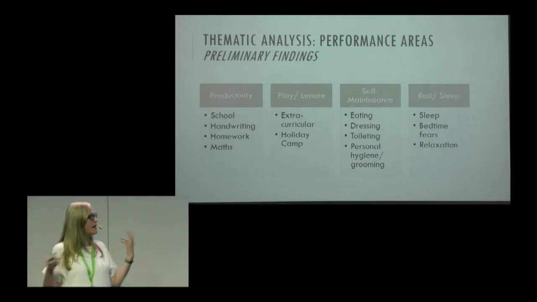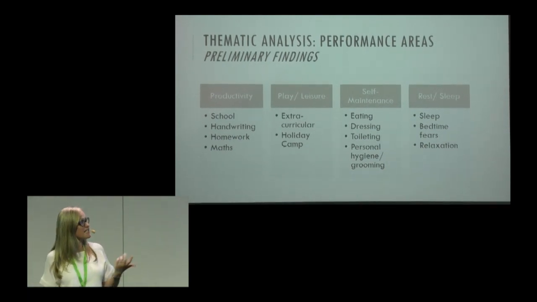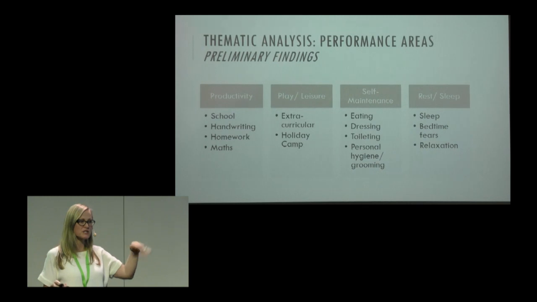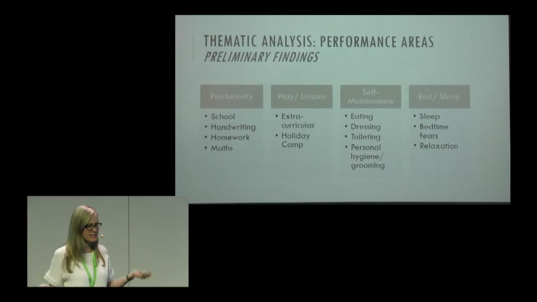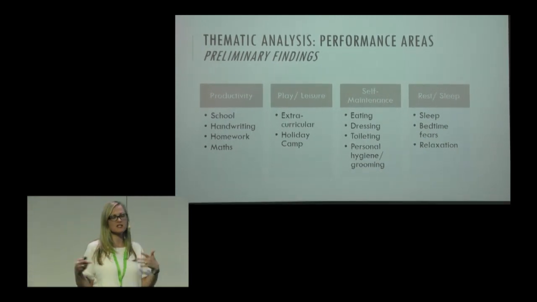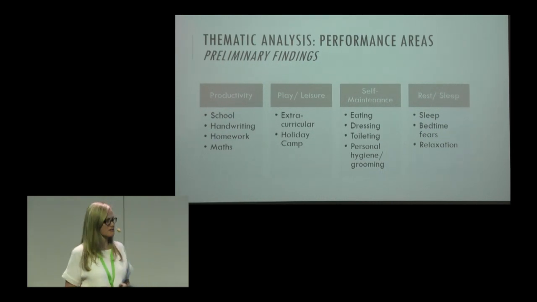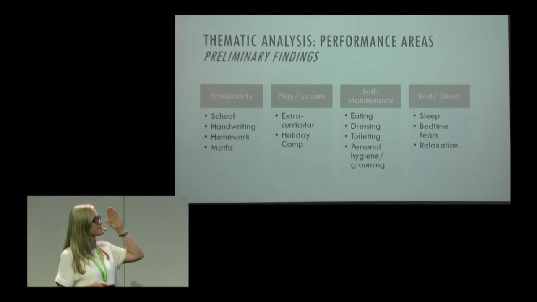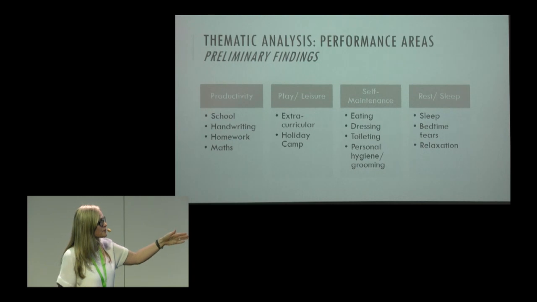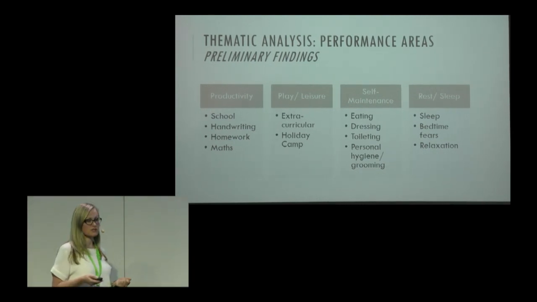So just looking at the thematic analysis across the areas, these are preliminary findings, we're finalising this analysis. We don't envisage that there'll be any changes to this, however. So what we can see is that within productivity, these children have significant issues with school attendance and school participation.